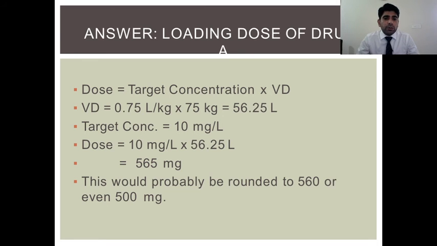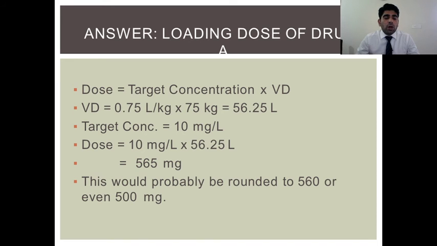As we know, this is the formula: dose is equal to target concentration times the volume of distribution. The volume of distribution, as I have told you, is given per kg, and we have to multiply it with the total weight, which will give you the total volume of distribution, that is 56.25 liters, and the targeted concentration is 10 mg per liter.